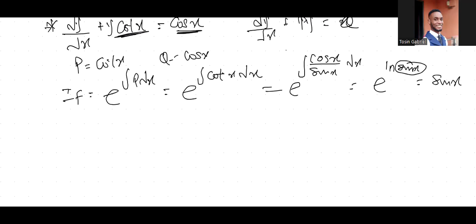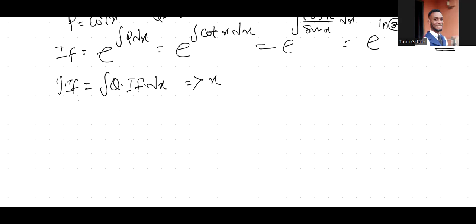Then we'll use our formula, which is y multiplied by the integrating factor is equal to the integral of q multiplied by the integrating factor multiplied by dx. So we are going to have that. What is our y?